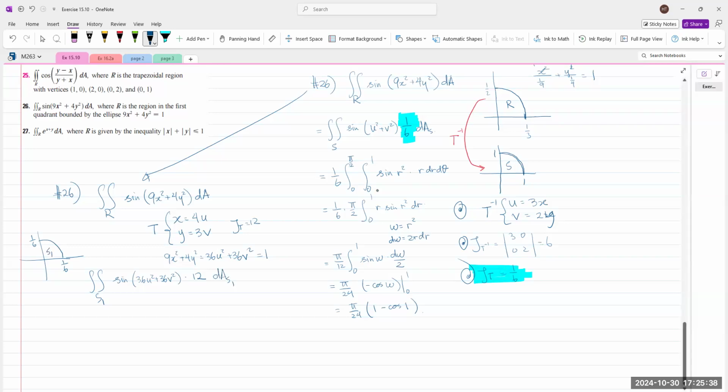This is our S1 here. That is 12 integral from 0 to pi over 2 integral from 0 to 1/6, not 0 to 1, of sine of 36 times u squared plus v squared, r dr d theta. Oh, I'm sorry, I already pulled the 12 out. So this becomes r squared right now.